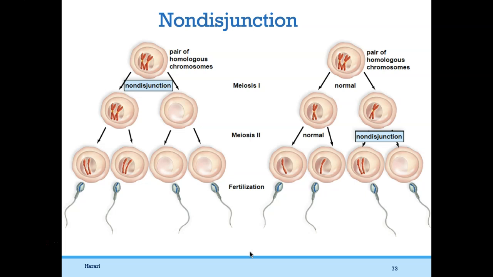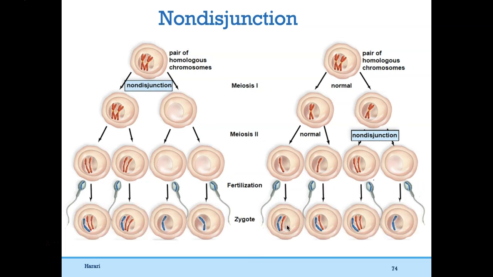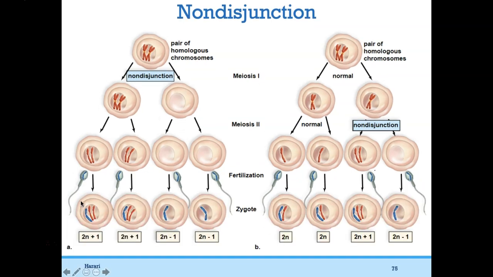So let's think about it. When sperm fertilizes these eggs, we're going to have different situations. We're going to have 2n plus 1, meaning you have an extra copy of every gene. This is called trisomy, right? This is an individual that will have 3 copies of a given gene instead of just 2. So that's really bad.